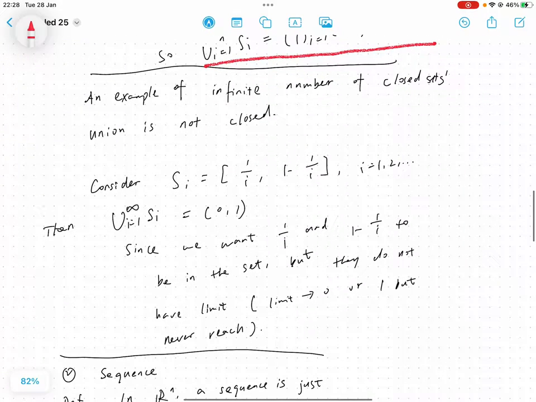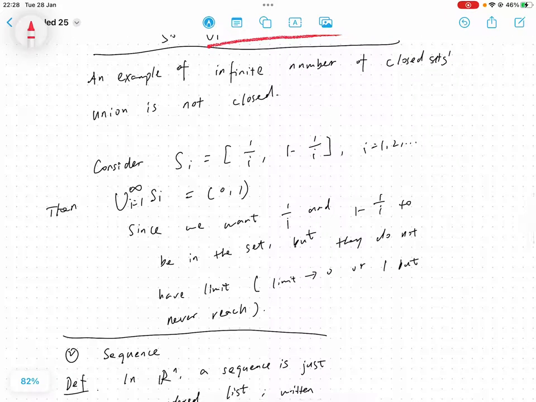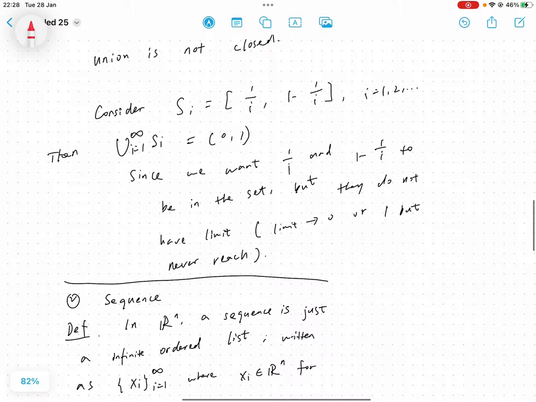So again, it's also possible for us to have another example to show that sometimes if you have an infinite collection of closed sets, their union might not be closed. So we have this S_i defined including the boundaries, from 1 over i to 1 minus 1 over i, where i is 1 up to infinity.